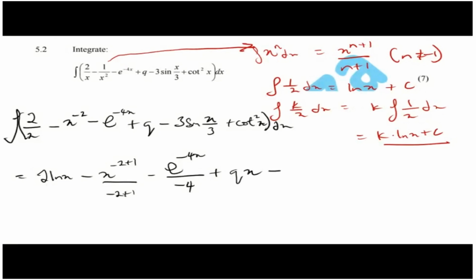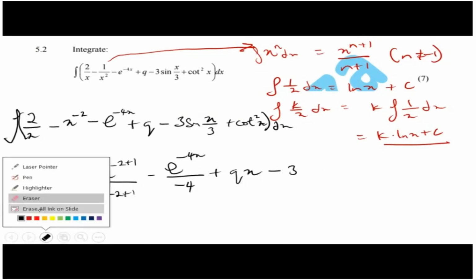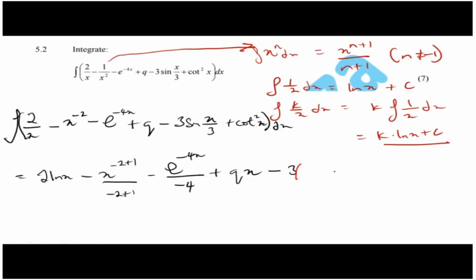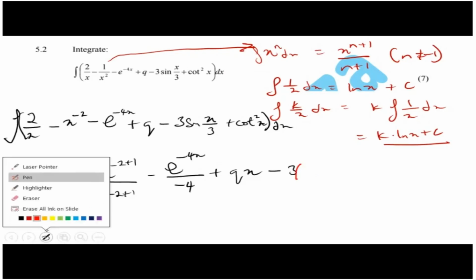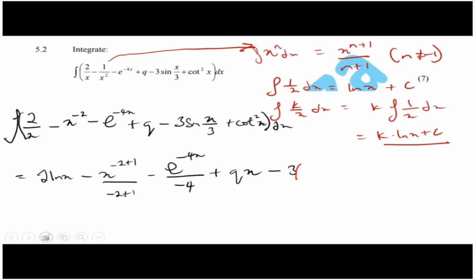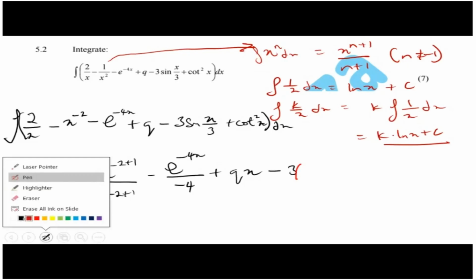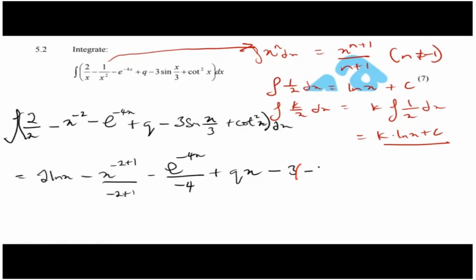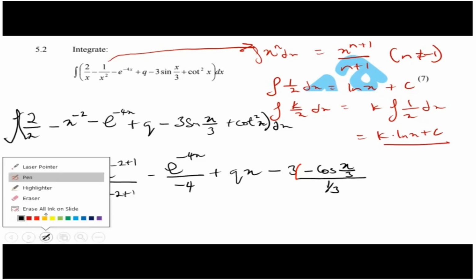Then what is the integral of this one? This is 3 sine x over 3. The integral of that one will be, I want to put it in a bracket, negative cos x divided by 1 over 3.